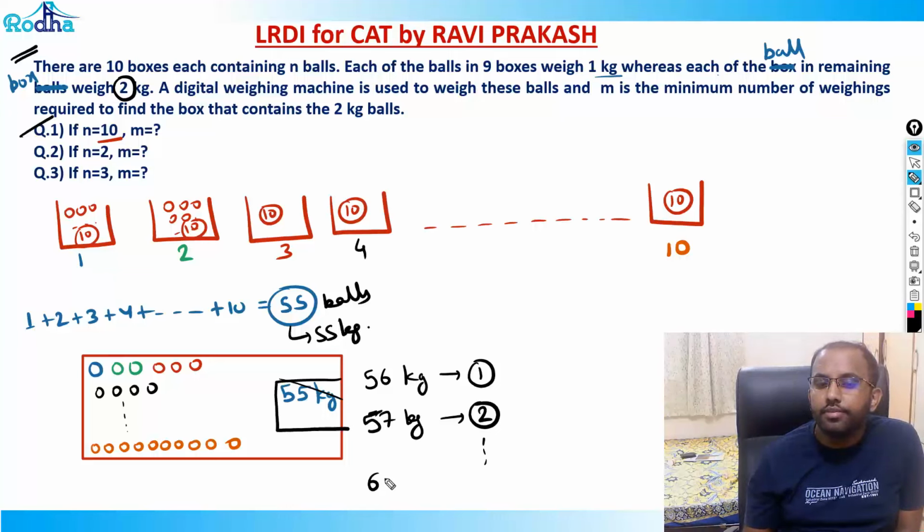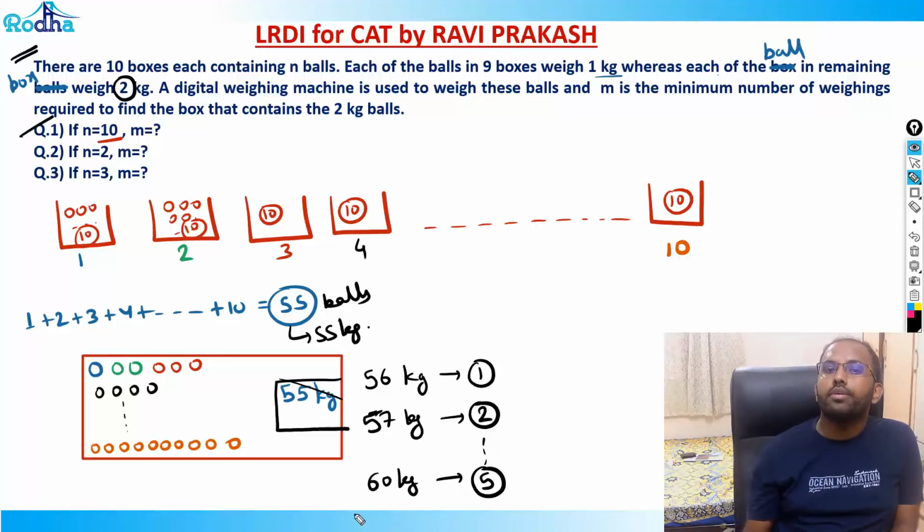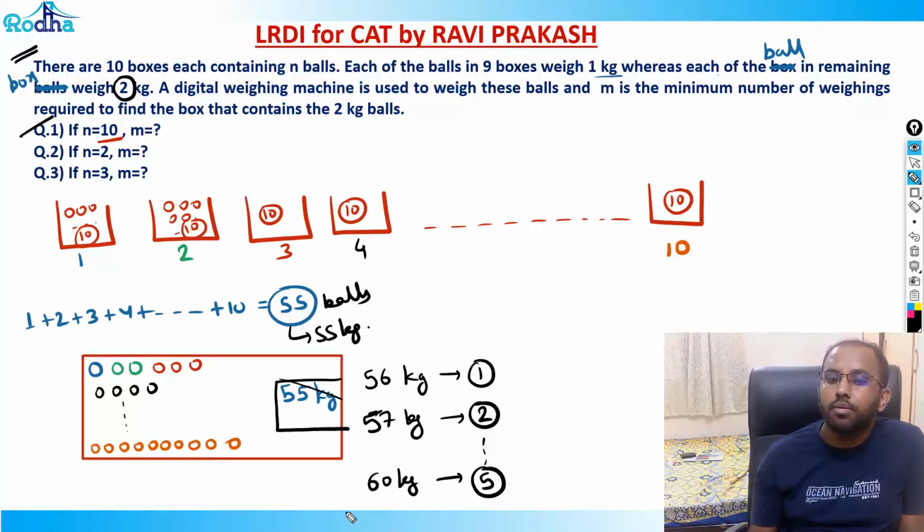If the reading is 60 kg, that means there are 5 extra balls, so that was bag number 5, which had the 2 kg balls.